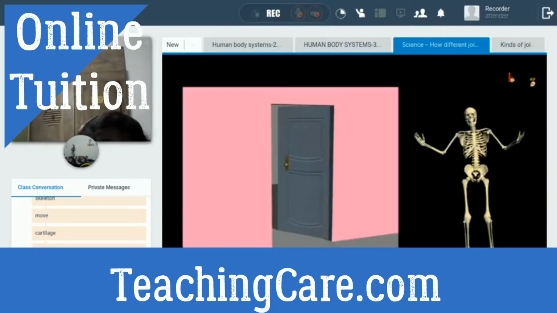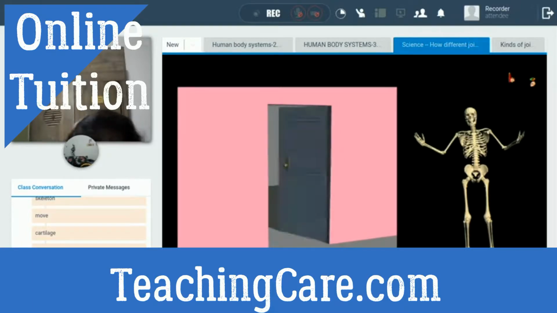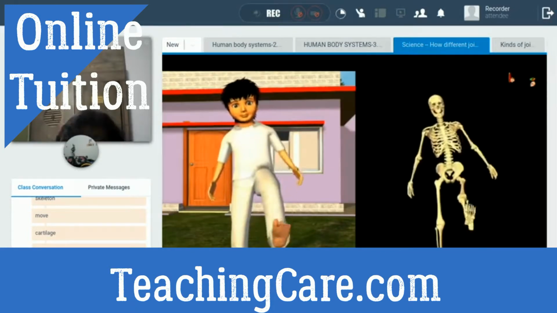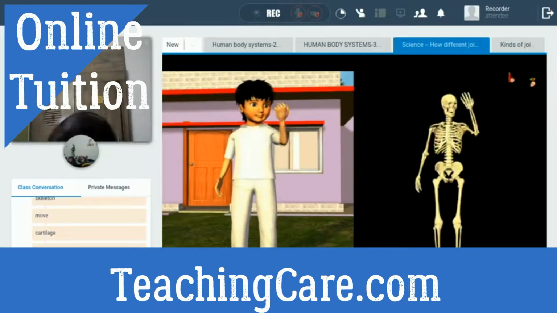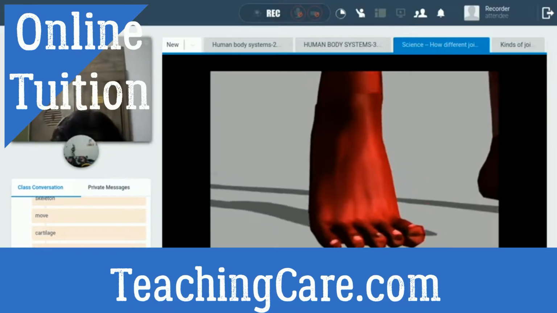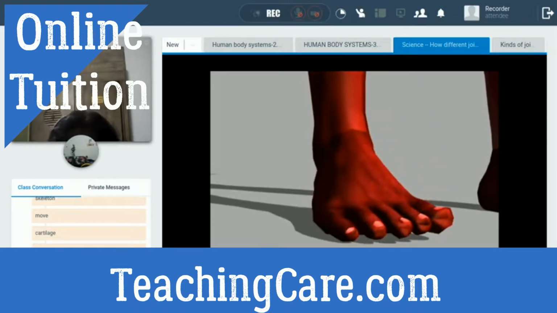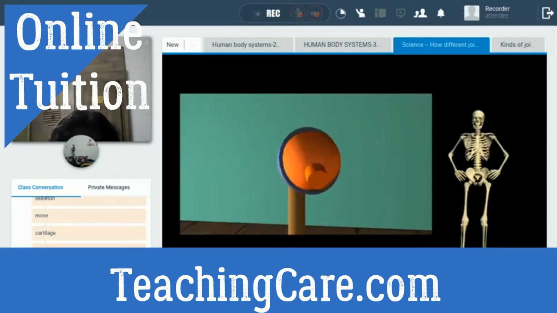The hinge joint works like a door on the hinge. It enables movement only in one direction. Knees, elbows, fingers, toes on a body have hinge joints. Pivot joint.